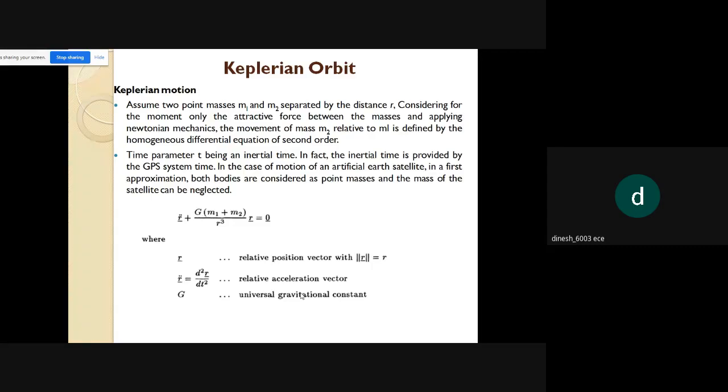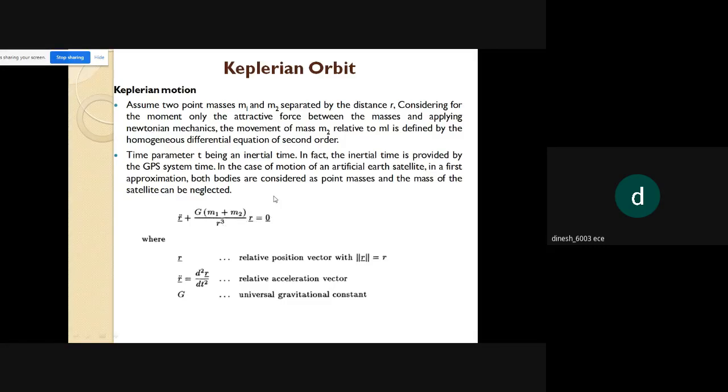In case the motion of the artificial Earth satellite is being considered, we can neglect the bodies' sizes and treat them as point masses, and we can write the equation as: r double dot plus G, the universal gravitational constant, times the mass of the two points m1 plus m2, divided by r cube, into r, is equal to 0.